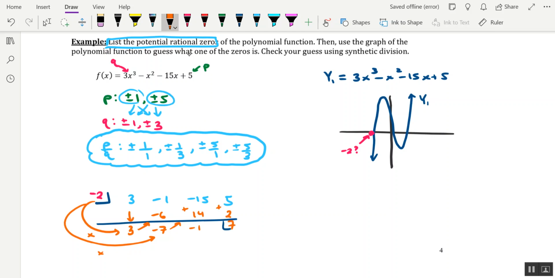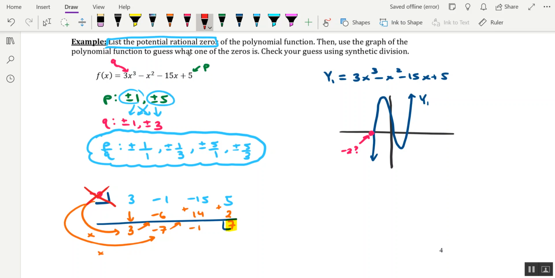So if you look at the remainder of when we do synthetic division with our guess, we get a remainder of 7, which, if negative 2 were in fact a real 0, should be the number 0 instead, but it's not. Therefore, negative 2 is a bad guess on my end. Or in other words, you gotta try something else, okay?